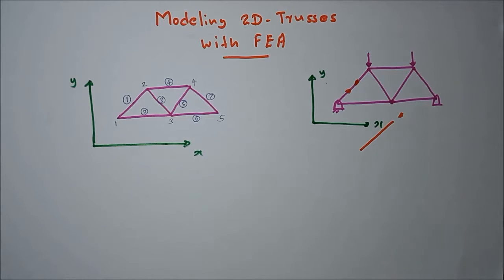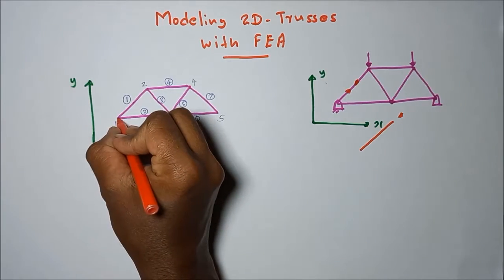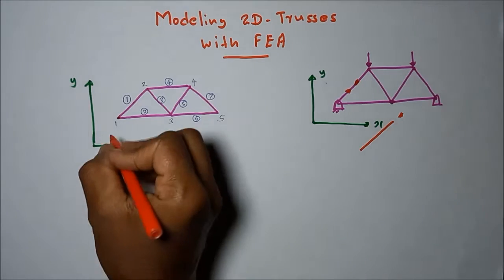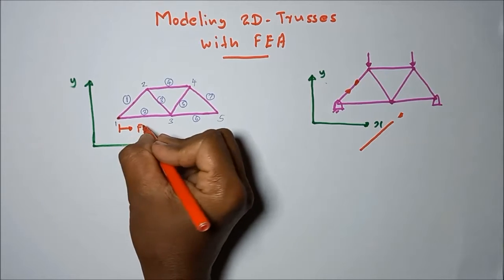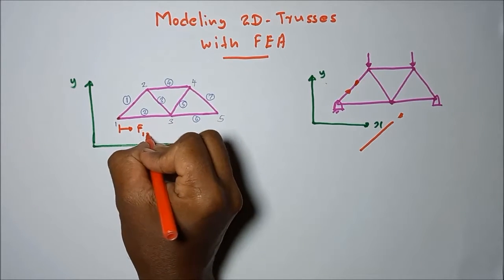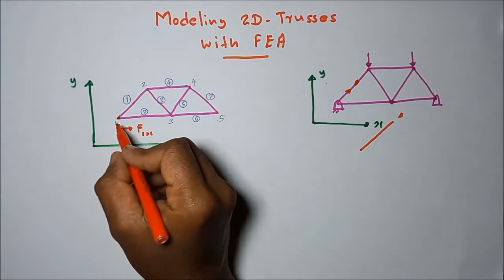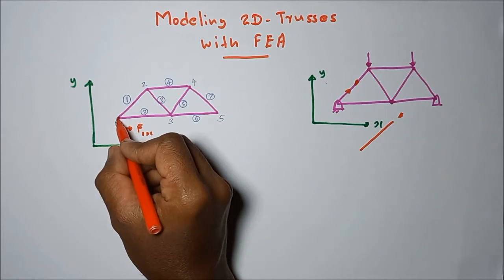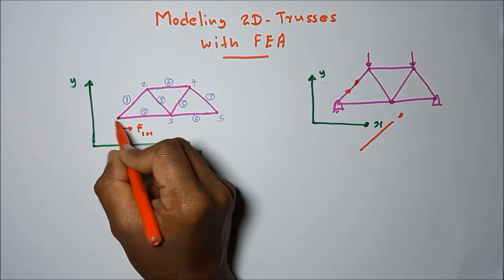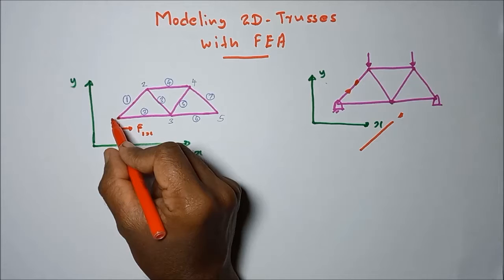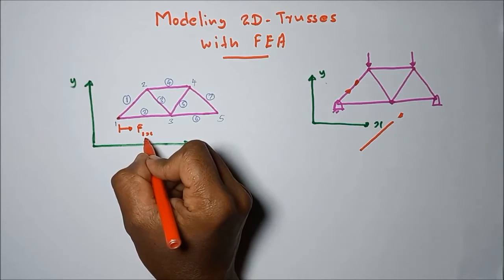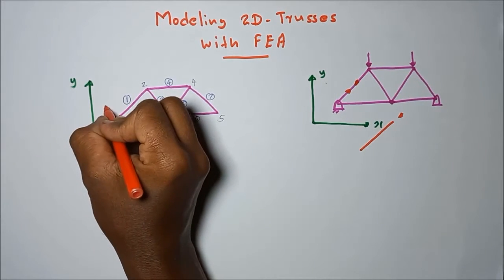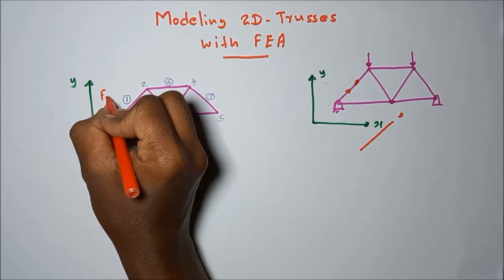Then the global forces acting on each and every node we can mark in this manner. We use capital letters when marking global forces: F1x. F1x means we are resolving the global force acting on node 1 into two perpendicular components, the x direction and the y direction. The resolved component in the x direction we mark as F1x, and in the y direction F1y.